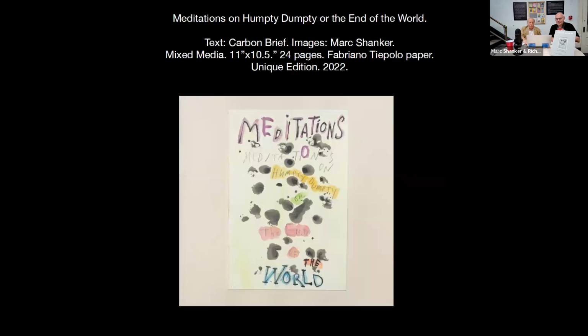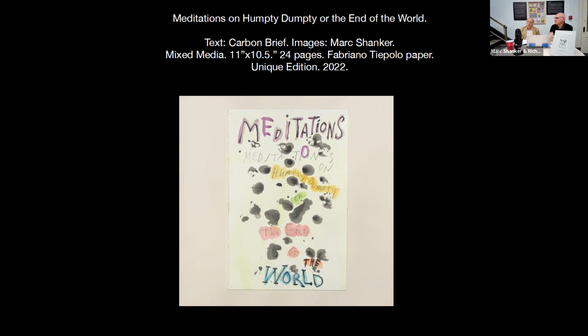Another book I did, which grew out of a book I did on disorder and discord, is called Meditations on Humpty Dumpty, or the End of the World. I realized that Humpty Dumpty was a metaphor for climate change.